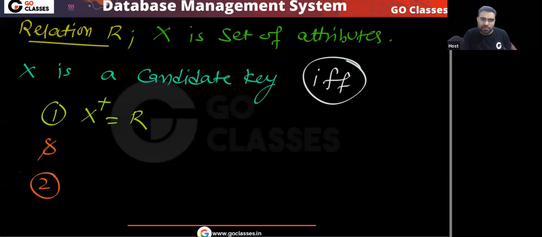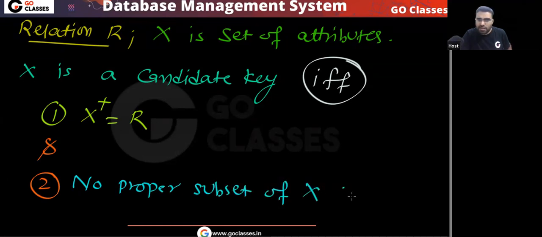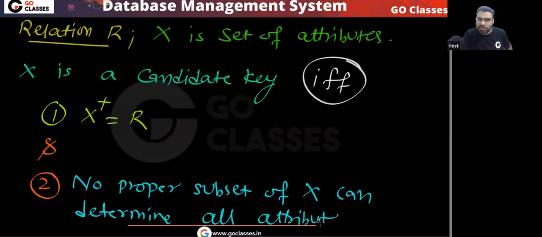And what is the second thing? The second thing is that no proper subset of x is a super key. Yes or no? I can simply say no proper subset of x can determine all attributes. Okay, is this clear? Tell me.